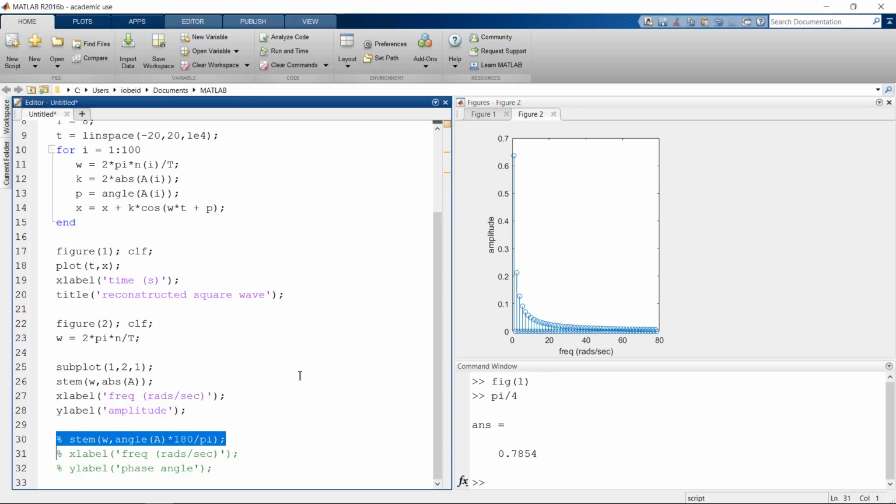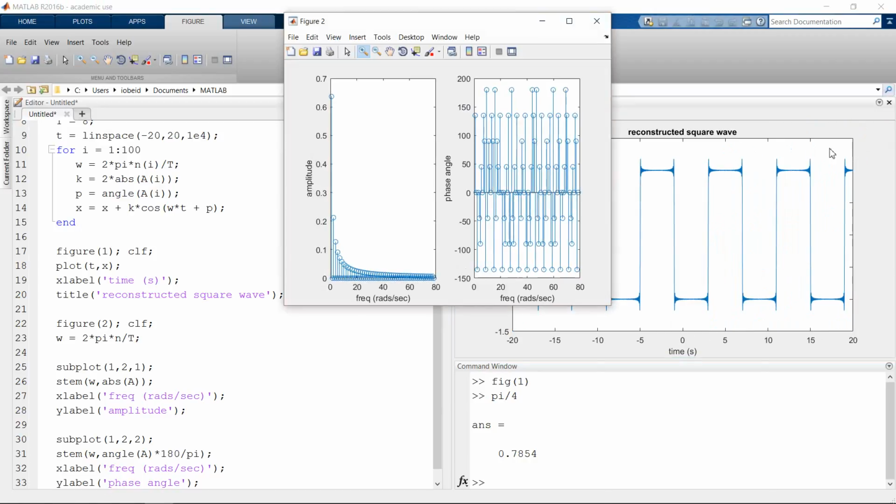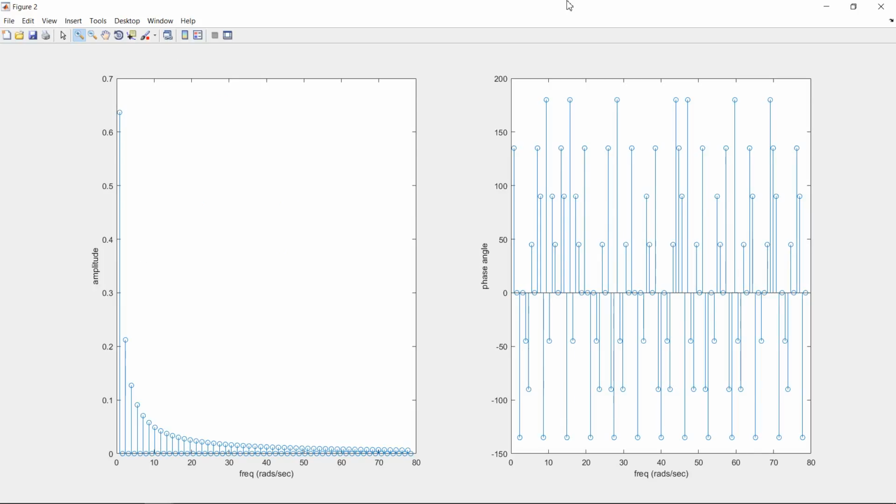So then, when I go to do the phase plot, I'm also going to use the subplot command, but instead of putting it in the first spot where the amplitude is, I'm going to put it in the second spot, and now they're side by side with each other. I know it looks a little bit cramped, but if you were to undock that figure and blow it up to screen size, it's actually quite nice.